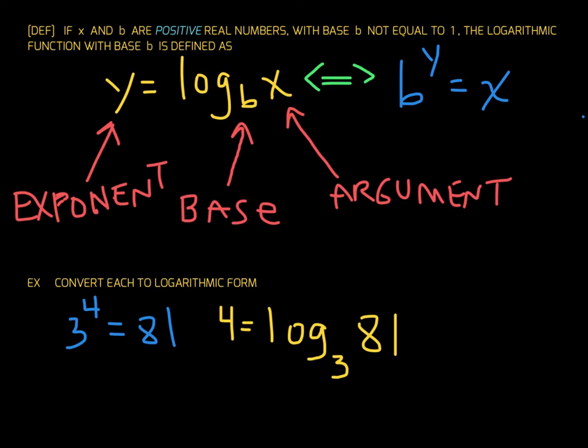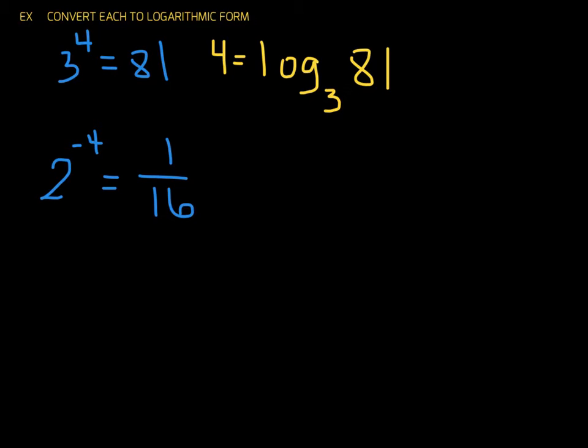Let's try this again. I have 2 raised to the negative 4th power is 1 over 16. First of all, your logarithm is an exponent, so the exponent is negative 4. And then we have log base. When you look at your exponential expression, your base is 2.